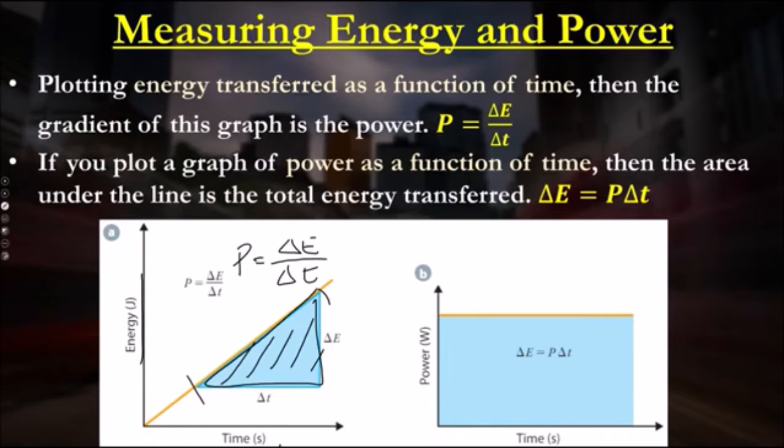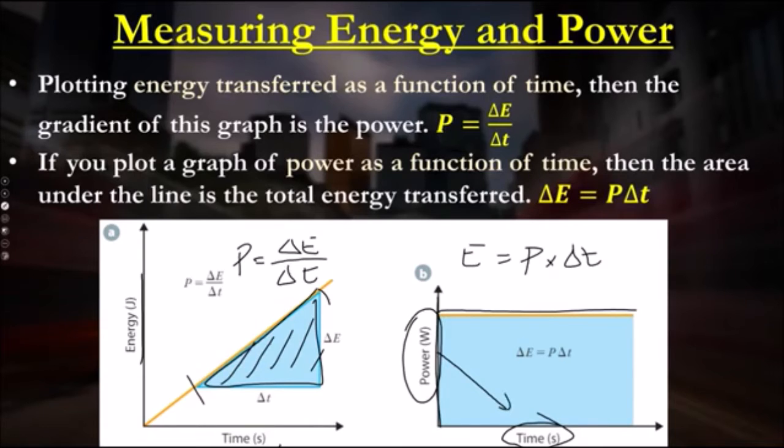If you have a graph of power over time and you calculate the area, that'll give you energy. Okay, so if I'm calculating power times the time, P times delta T, that equals energy.